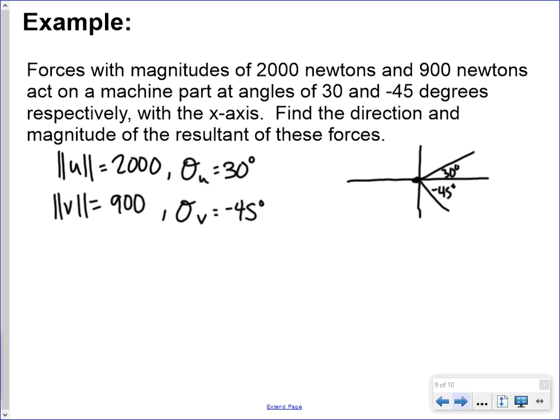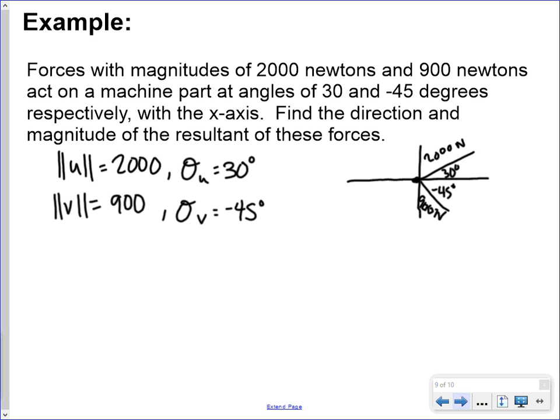And then I've got 2,000 newtons and I've got 900 newtons here. That's just all setup, right? I'm basically rewriting the stuff that's all in words. And now I'm going to read that very last sentence. Find the direction and the magnitude of the resultant of these forces. So what things are you going to need?